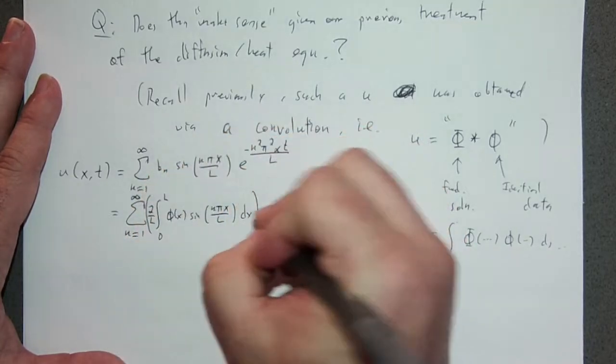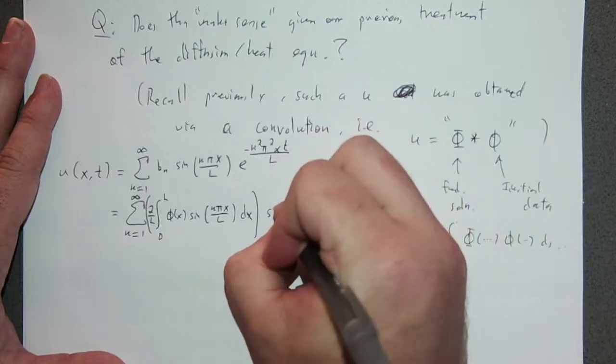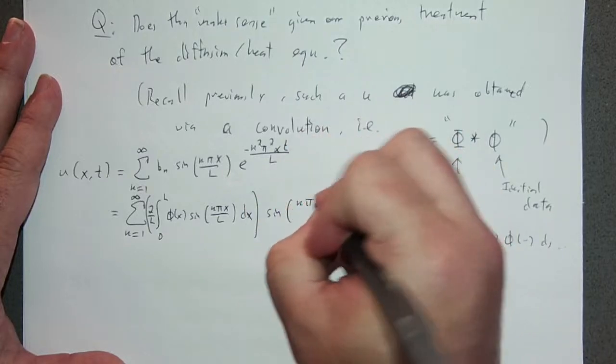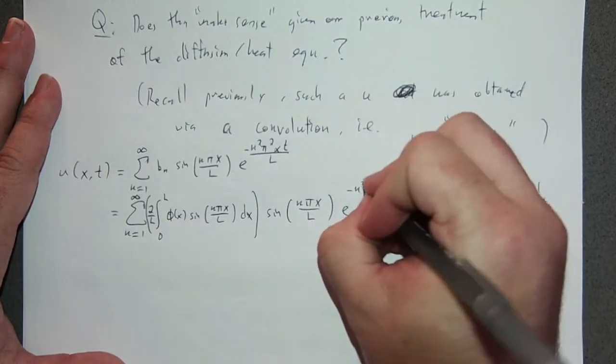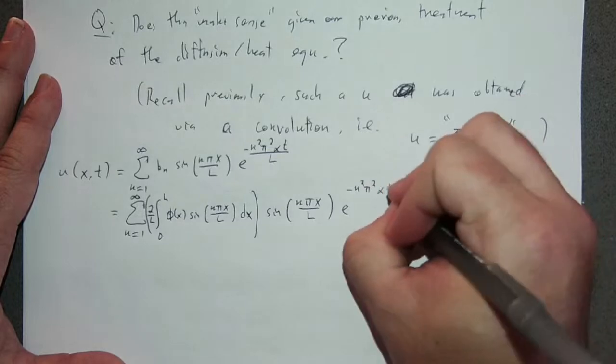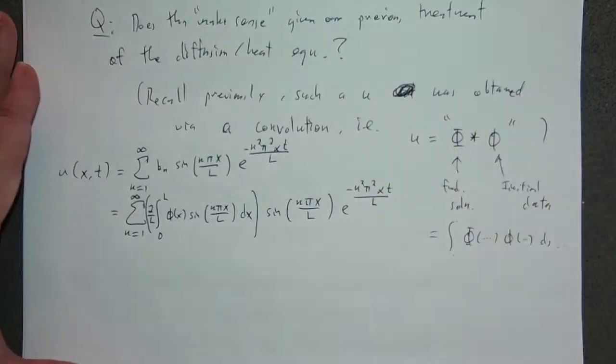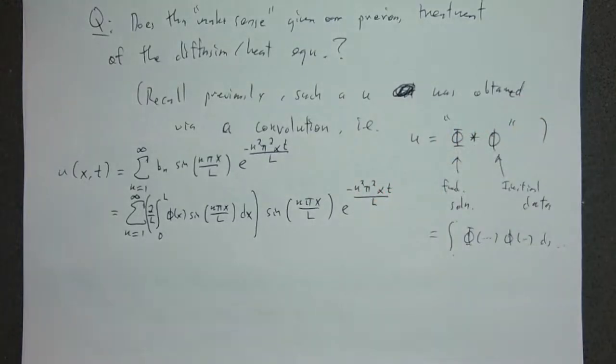That's here, multiplying sine of n pi x over L e to the minus n squared pi squared alpha t over L. Oh man, look at that. Right?